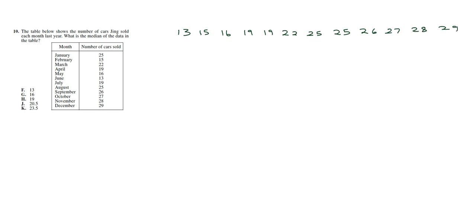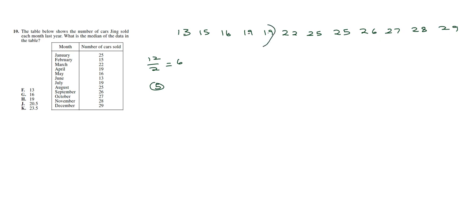Let's make sure we accounted for all the numbers. 1, 2, 3, 4, 5, 6, 7, 8, 9, 10, 11, 12. Okay, so we've accounted for all the data. Now we're looking at an even number distribution. So with an even number distribution, we divide 12 by 2, which is going to give us 6. We're going to subtract 1 from that, so that means that we're dealing with 5 on each side. 1, 2, 3, 4, 5.